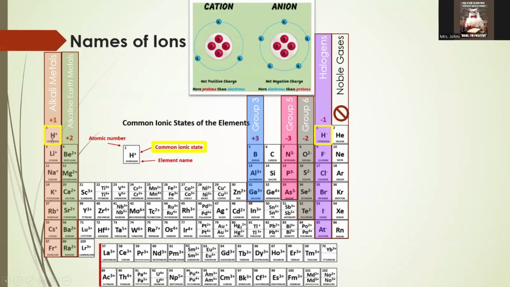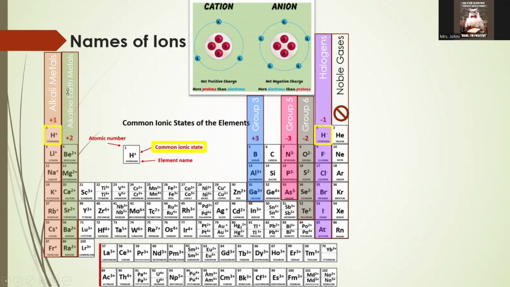They have 1 electron that they like to lose when they bond to things, and that gives an ion with a +1 charge. The cations are on the left-hand side, and the anions are on the right-hand side.